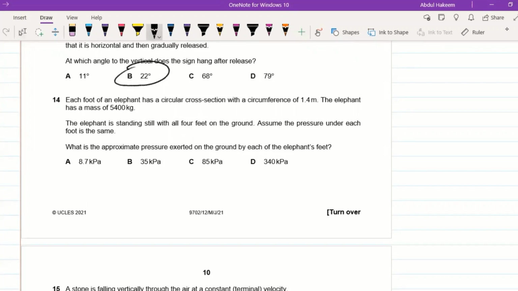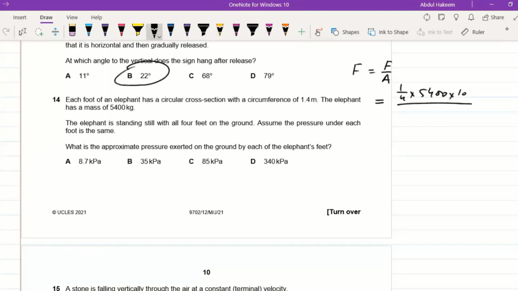So look, the pressure is equal to force divided by area. Now, on 1 foot, the force exerted is equal to 1/4 of the weight. So 1 by 4 multiplied by mg. So 5,400 times 9.81, just 10, divided by area.